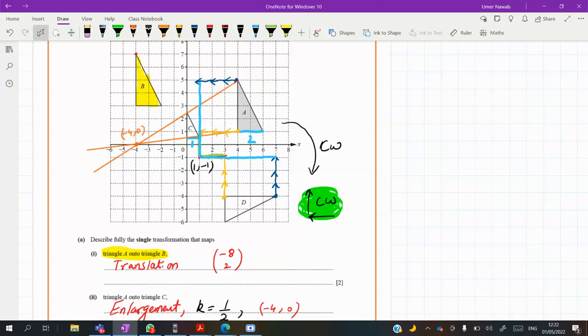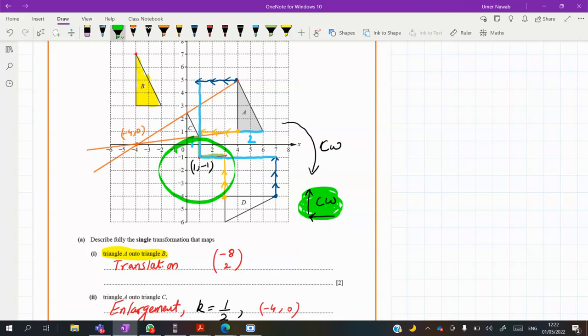In my discussion I told you, since it was clockwise and we know the area where the center is, you need to use trial and error, keep using different points, and rotate triangle A to match exactly triangle D. If you keep trying different points in the exam, I think it will not take a lot of time. But if a student understands my technique, he can go with it.